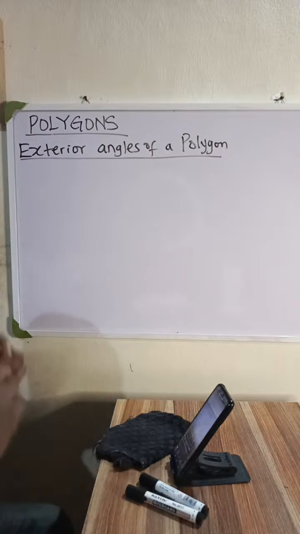So if you have a polygon, there are angles that are interior angles, and we also have angles that are exterior angles.